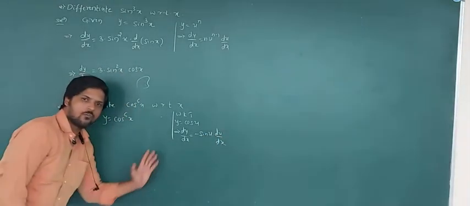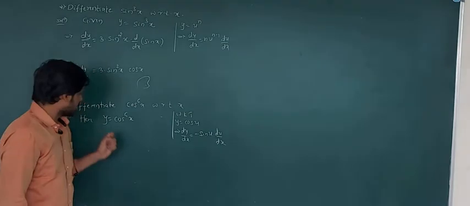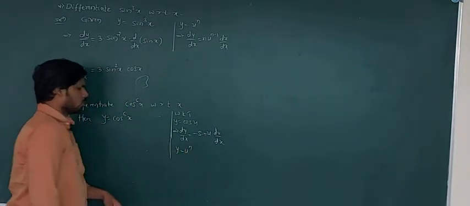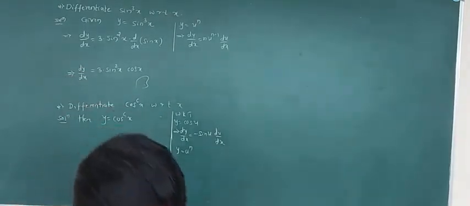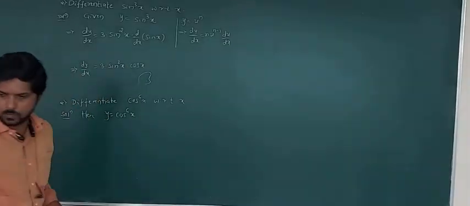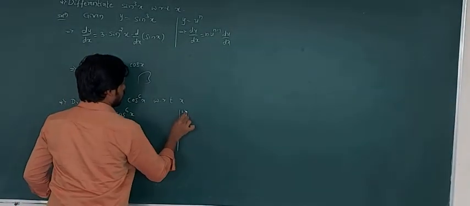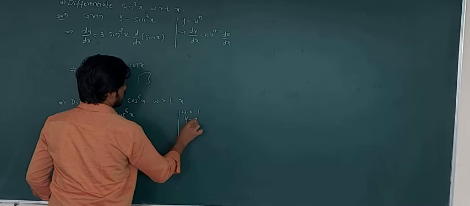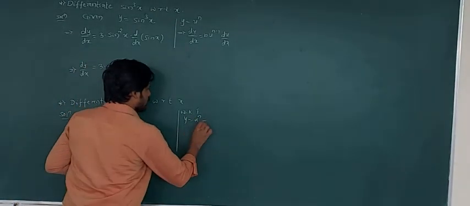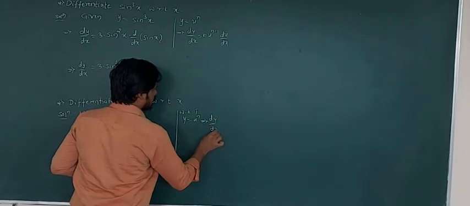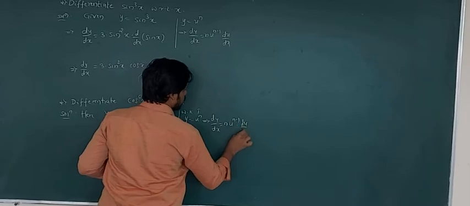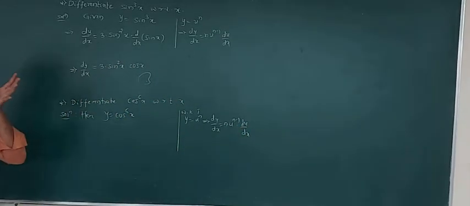Comparing these two, in place of n we have 6, and we also know that y equal to u to the power n because it is a power. Then differentiating, dy by dx is equal to n into u to the power n minus 1 into du by dx by using this formula.